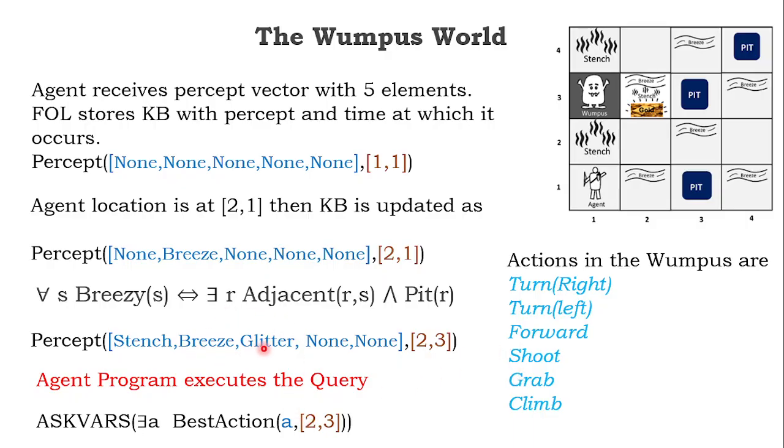Because you received glitter, sir, obviously grab. A is nothing but grab. So what we understood is that using tell and ask, we can ask what is the variable and automatically it will tell. Glitter is there, it is a sensor, so you should know what work you should do. It is nothing but grab. Everything the computer knows by using this particular technique.